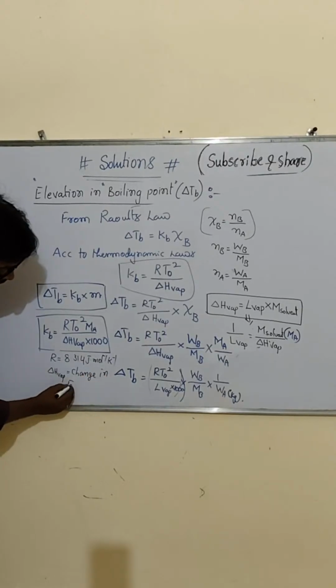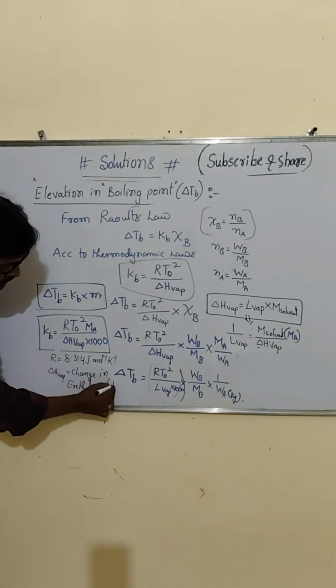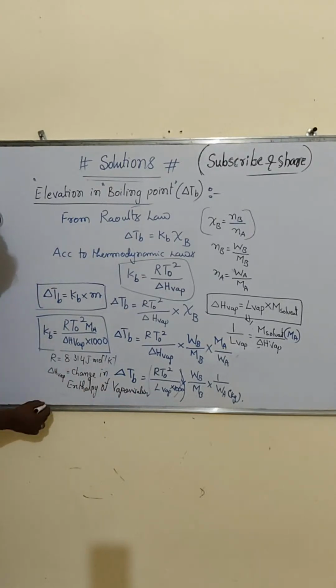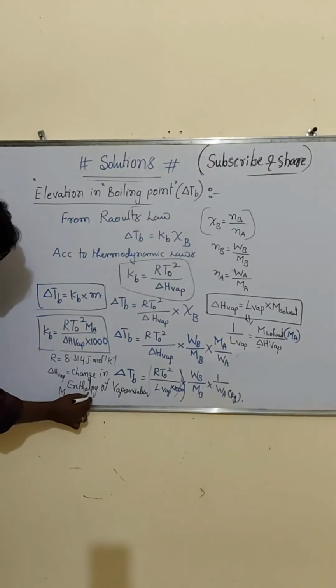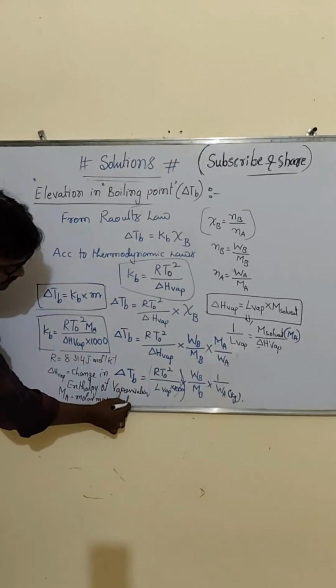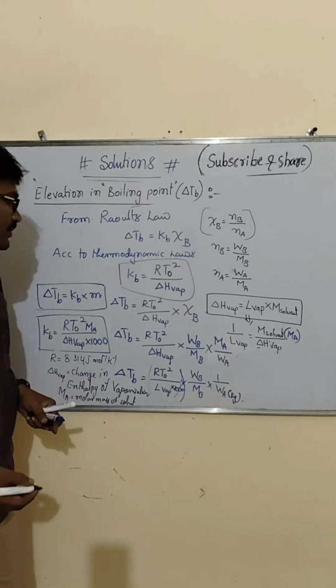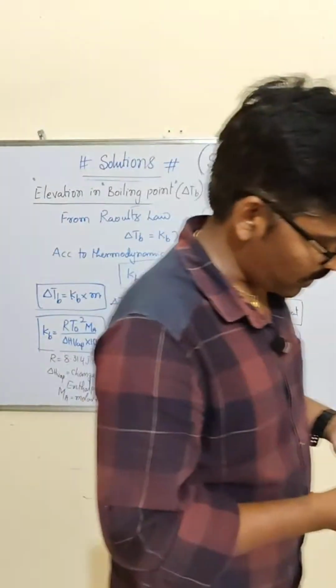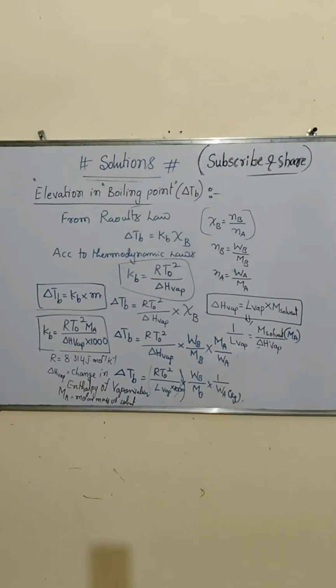Then the remaining MA is the molar mass of solvent. Clear, my dear students? So this is the formula for KB and this is the formula for delta TB. Now we will discuss one of the problems based on it.